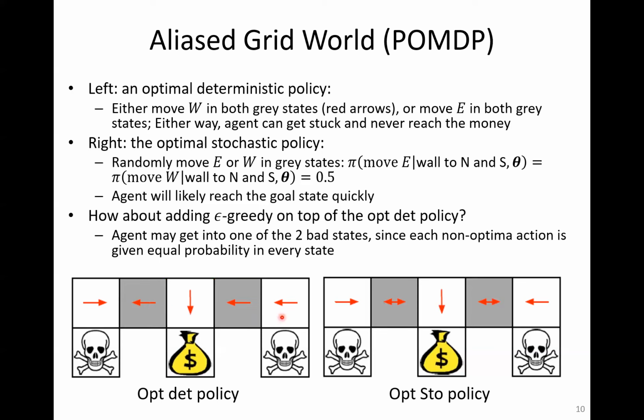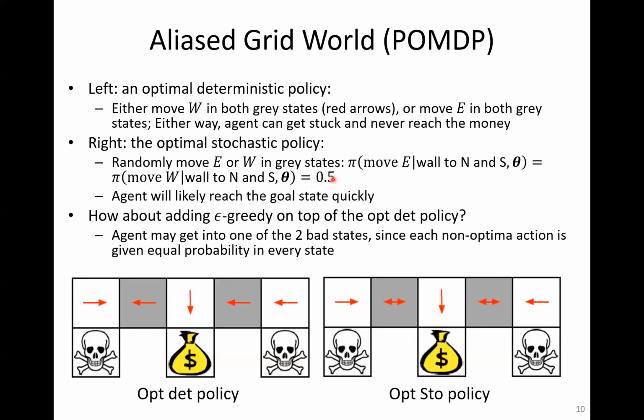From the right, this is okay. You get to the money, but from the left, you just go around in these two locations. It's stuck in an infinite loop. So for the optimal stochastic policy, you can randomly choose east or west in the gray states with 50% chance each.